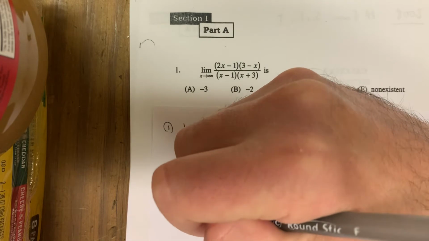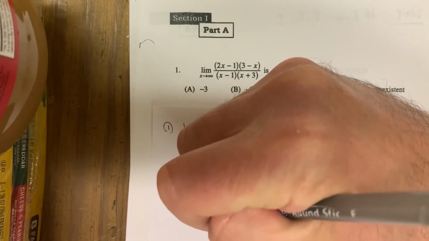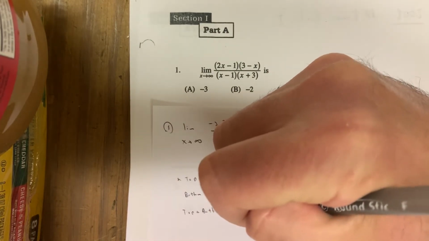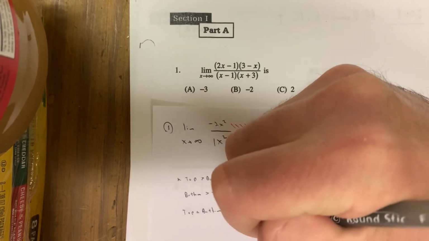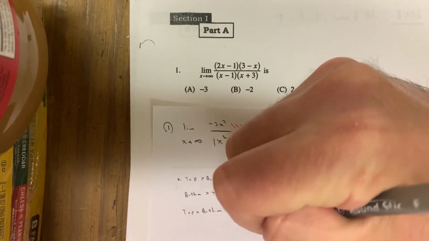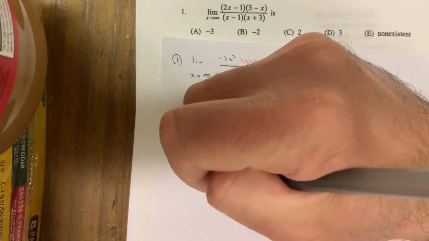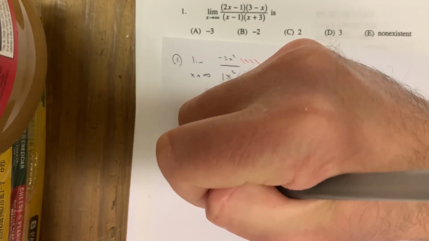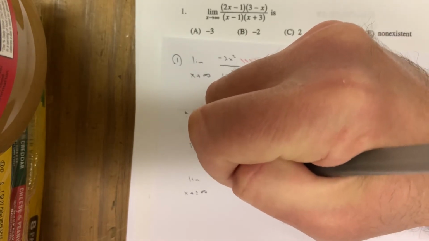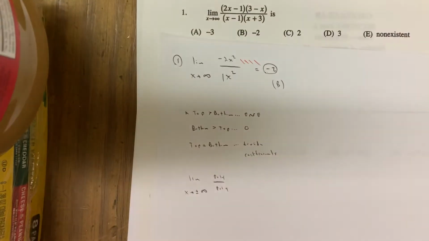And here we have the situation where the top degree equals the bottom degree. When the degrees are tied, we divide coefficients. And that's only the limit as x approaches positive or negative infinity of a rational function, a polynomial over a polynomial. No difference between approaching positive infinity and negative infinity. So a little bit of review right there.